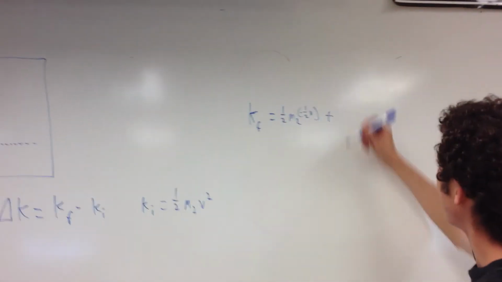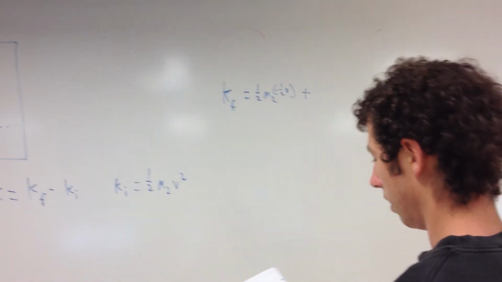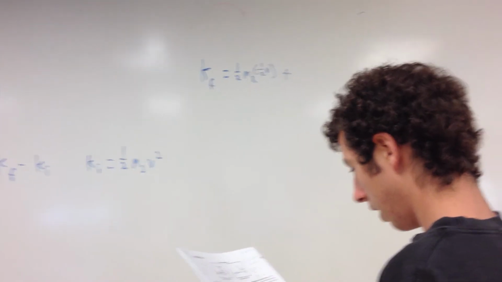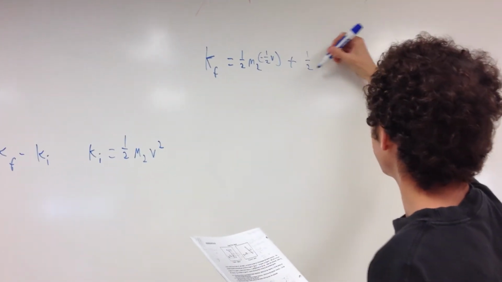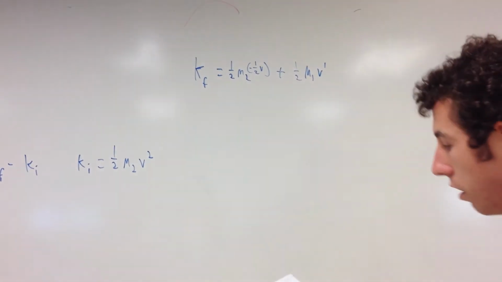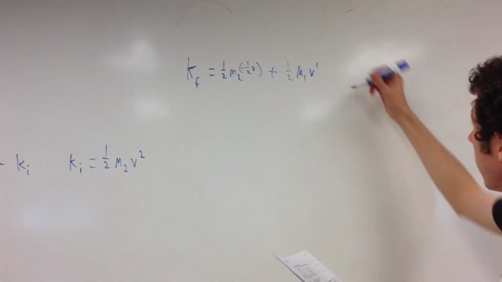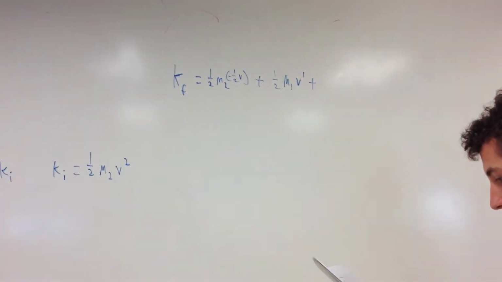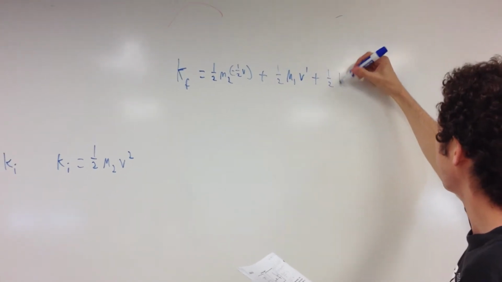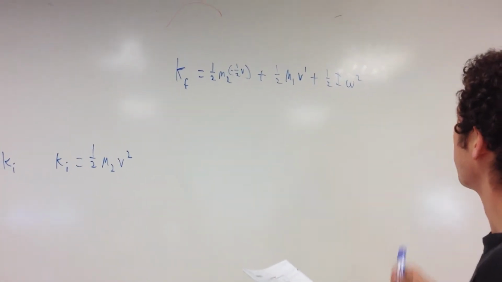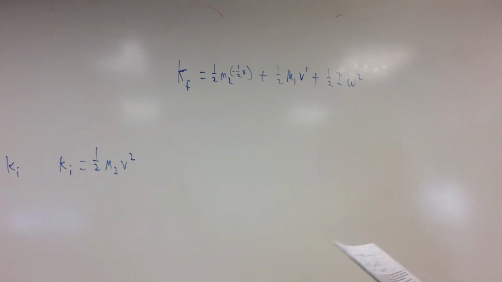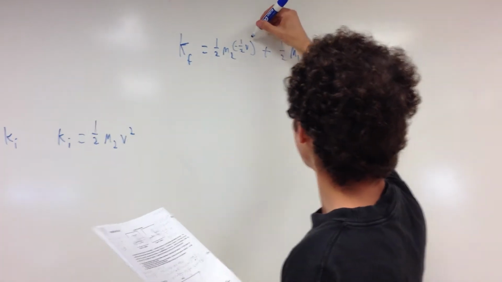Then we're going to have to add in the translational kinetic energy of the rod, which works much the same, 1/2 m1 v prime, which we already solved for in A. And then I'm going to have to add its rotational kinetic energy, which is 1/2 I omega squared, which we've already been given I, and we've already figured out what omega squared is. So, well, there should be a squared here.